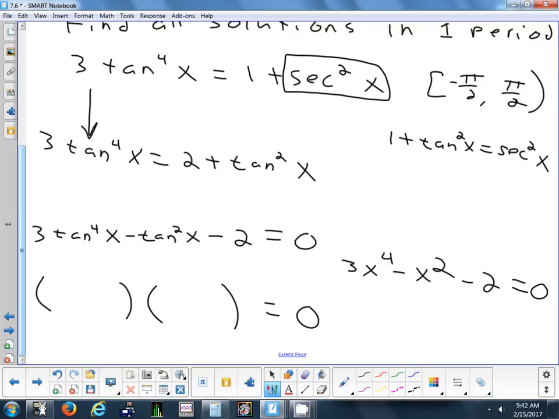Not tangent. Because you're going to have to put something here and then something here so that you multiply them together to get tangent to the 4th. Right? Yeah, you put 3 tangent squared. And then what would you put in the second one? Just tangent squared. So that's going to give you 3 tangent squared times tangent squared. That's 3 tangent to the 4th.